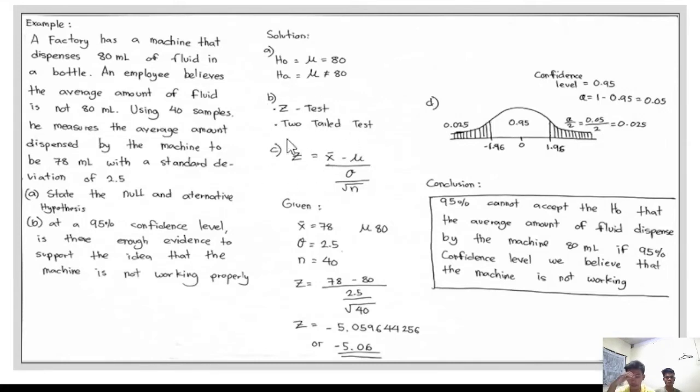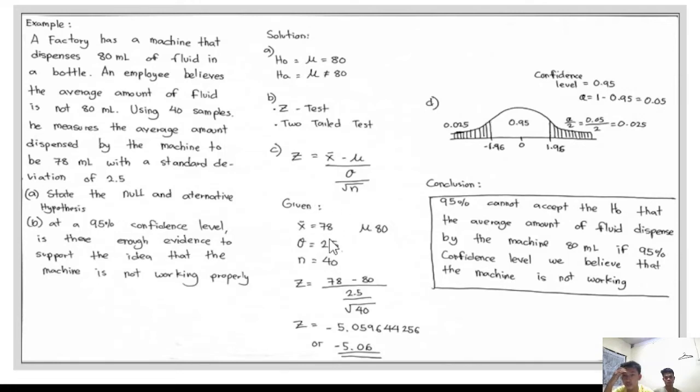Sa step 3, calculate natin yung test statistic. Z-test yung nalaman natin, kaya Z-test yung formula. Gamitin na tong formula na to. Z is equal to x bar minus mu all over sigma all over square root of n.